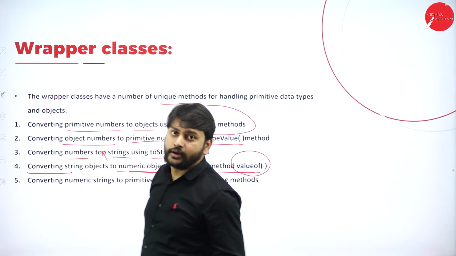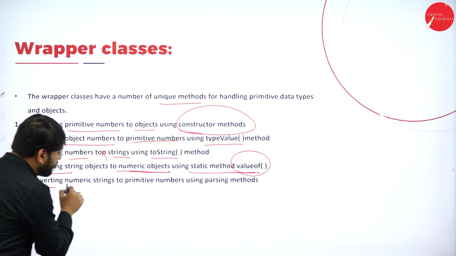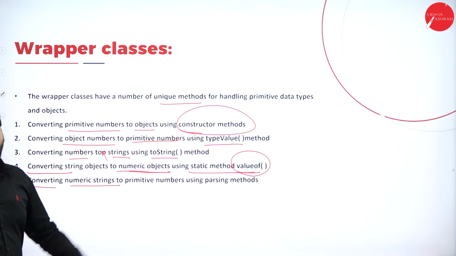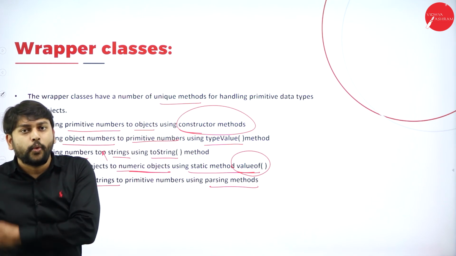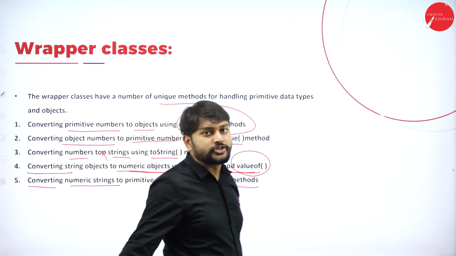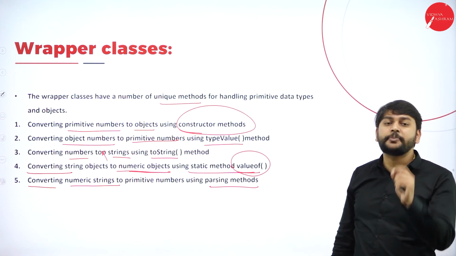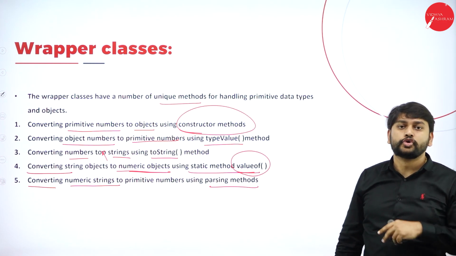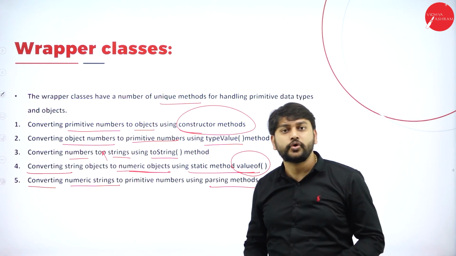And the last method of the wrapper classes is converting numeric strings into primitive numbers, using the parsing method, parsing from one type to another type. These are some of the important wrapper class methods to convert from one form to another form. That's what you need to understand.